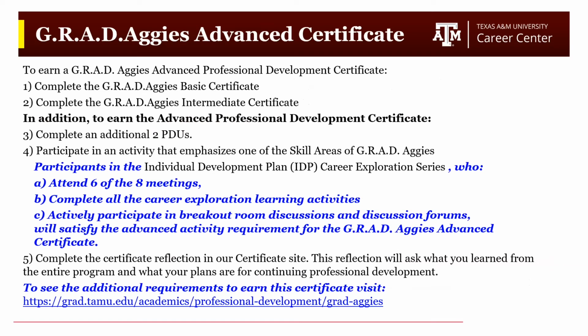In addition, you need to complete an additional 2 videos and participate in an activity that emphasizes one of the skill areas of Grad ID. Participants in this Individual Development Plan or IDP Career Exploration Series who attend 6 of the 8 meetings, complete all career exploration learning activities, and actively participate in breakout room discussions and discussion forums will satisfy the advanced activity requirement for Grad ID's Advanced Certificate.